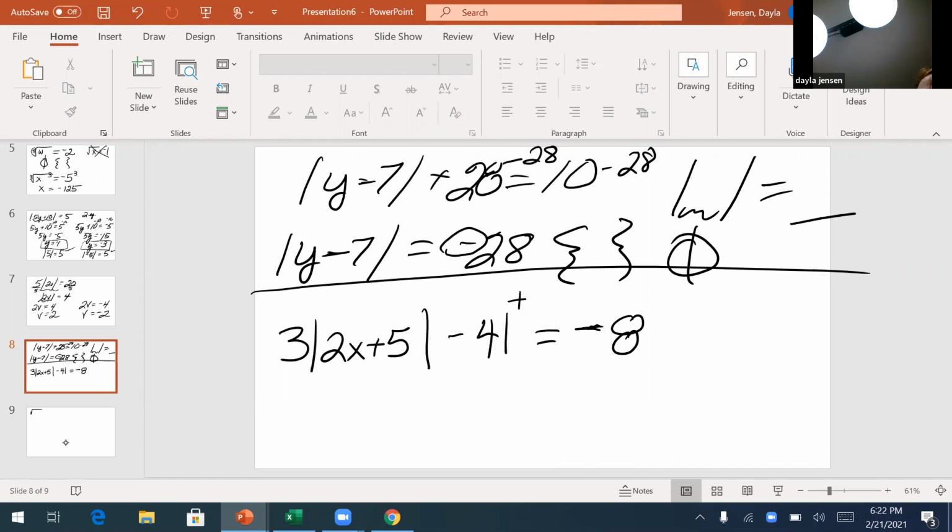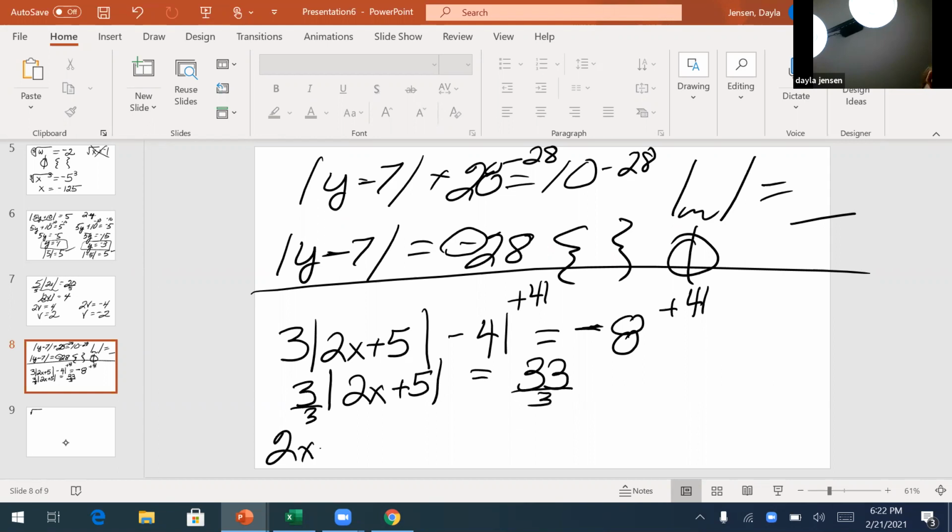But I need to get the absolute value by itself first. So I'm going to add 41 to both sides. Then I have 3 times |2x + 5| equals 33. Now divide both sides by 3. So now I have an absolute value problem: |2x + 5| equals 11.